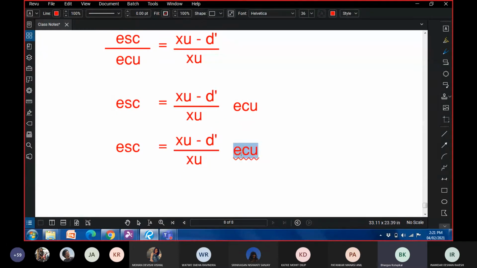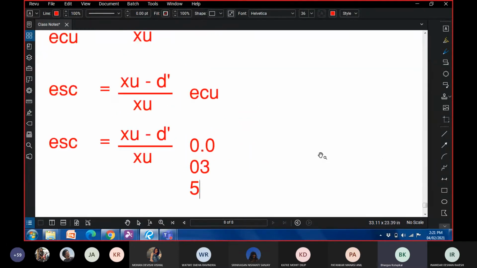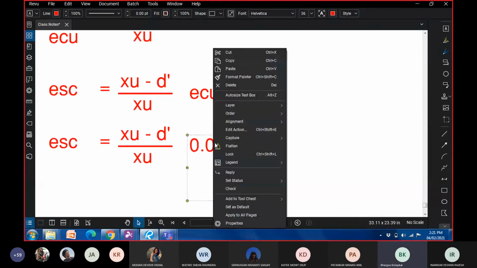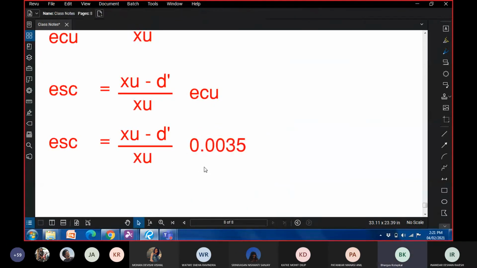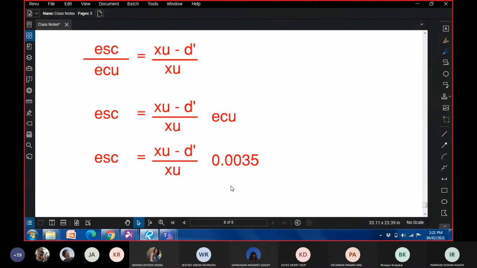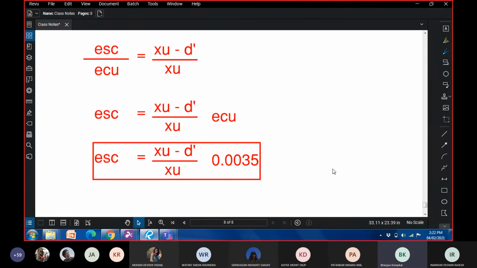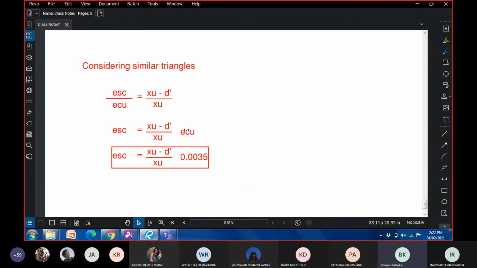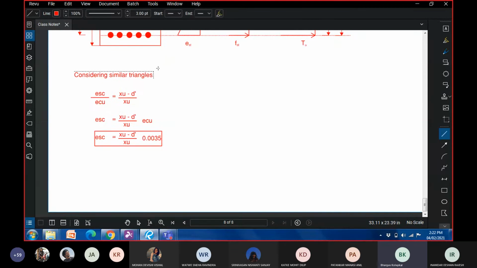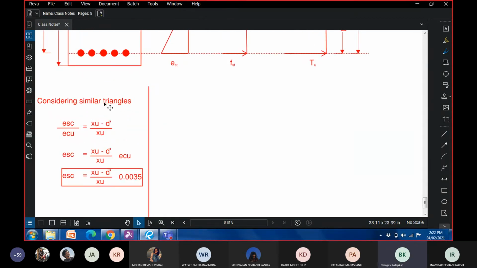This value is 0.0035. Okay, simple, similar triangles.